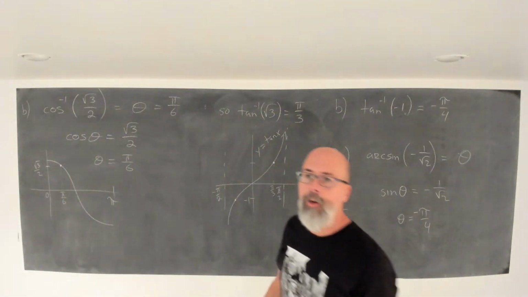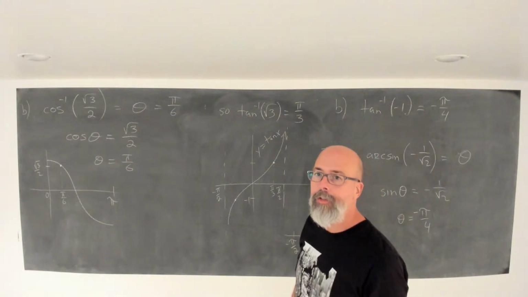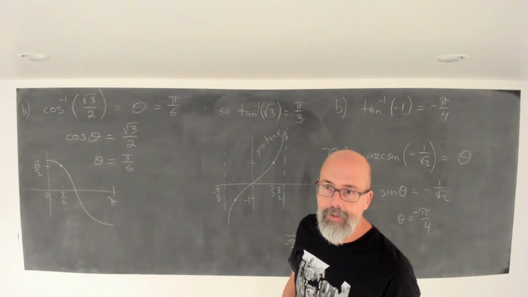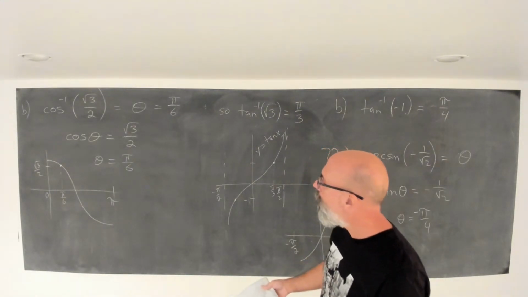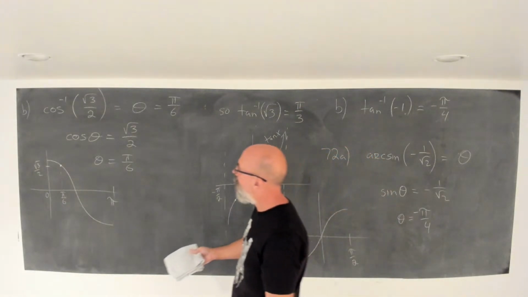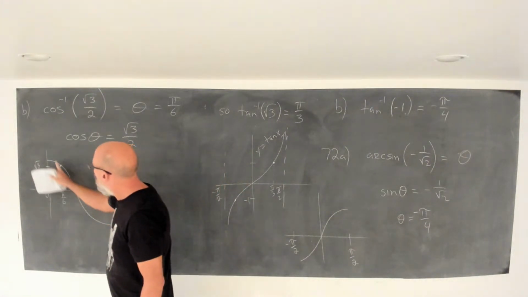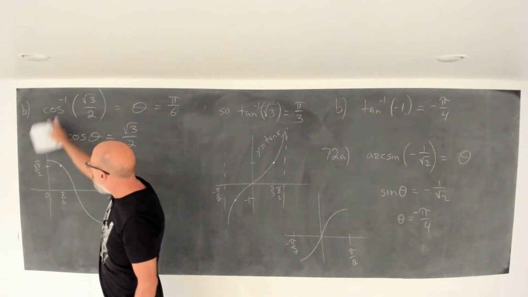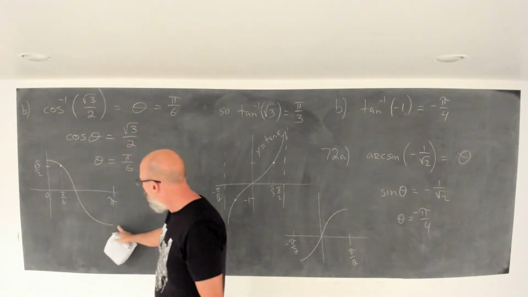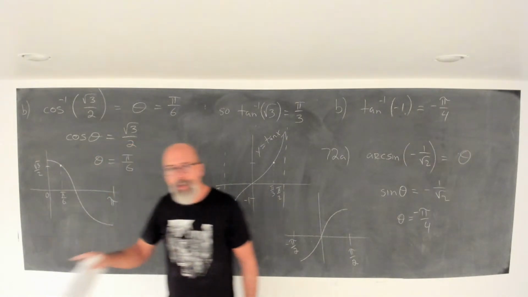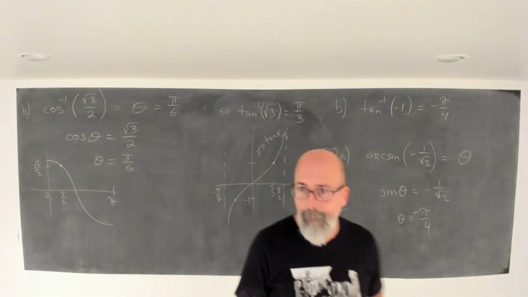Hayden is asking why this specific interval. Is it just convention? Yes, it is. Everybody agrees that the inverse cosine function is the inverse to the cosine function on the interval 0 to pi.